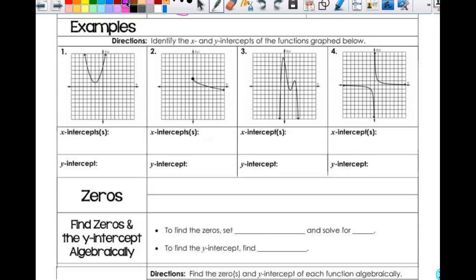Okay, so here's the difference. This says identify the X and Y-intercepts. If I say give me the X-intercepts, you're going to give me a different kind of answer than if I said give me the zeros.